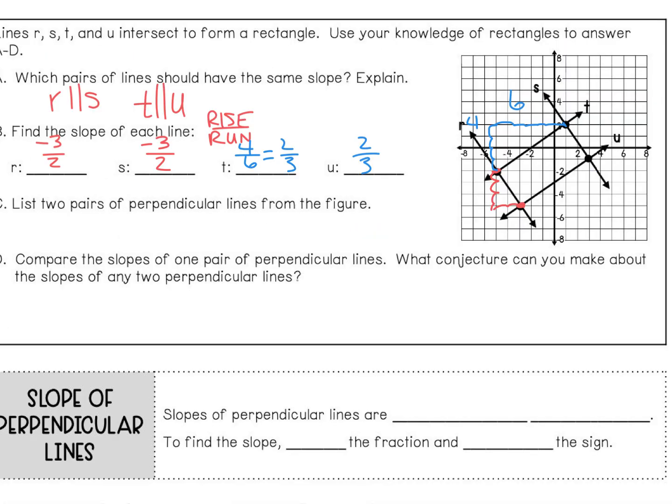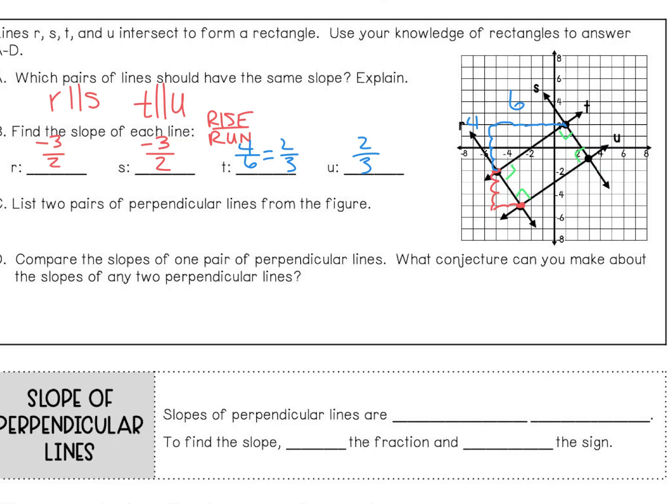List 2 pairs of perpendicular lines from the figure. So we know that on a rectangle, the sides are parallel, and we have 4 right angles, do we not? So technically there is a right angle here, here, here, and here. So what are our perpendicular lines?